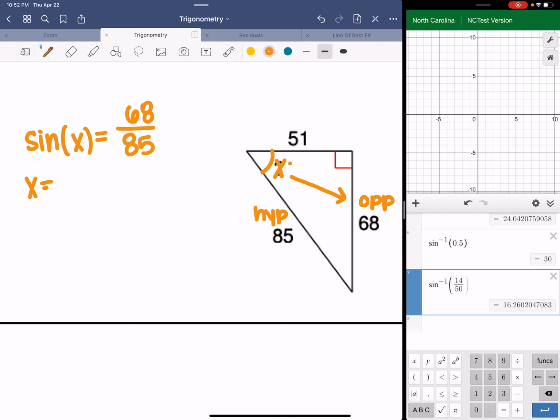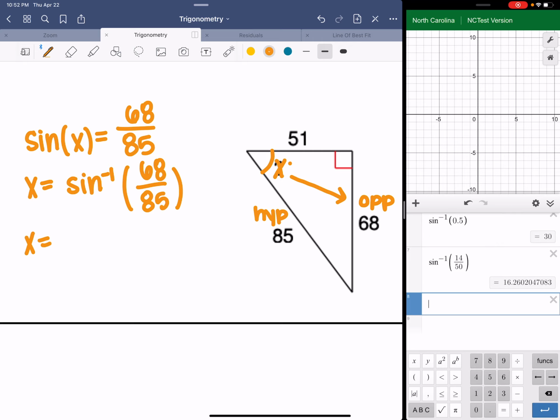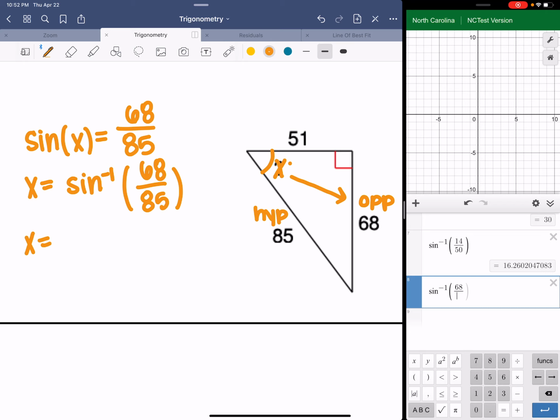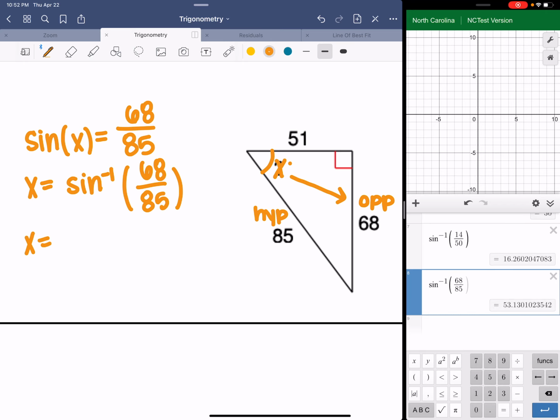So x is sine inverse of 68 over 85. And let's see what that degree measure is, and we're going to round to the nearest tenth. That's 53.13, so just 53.1 degrees.